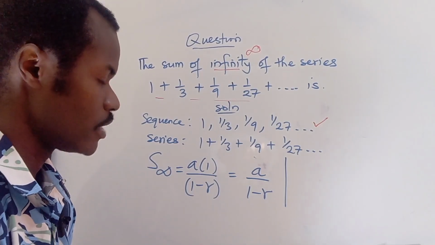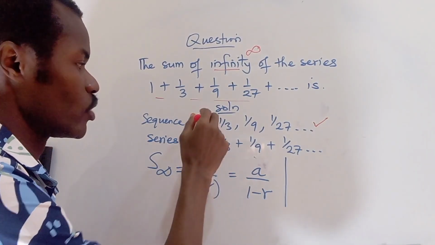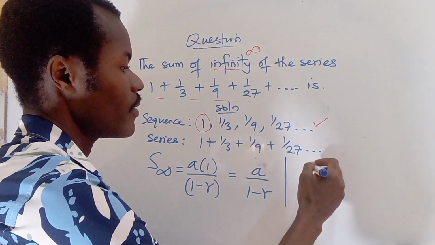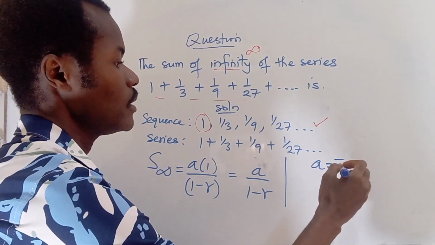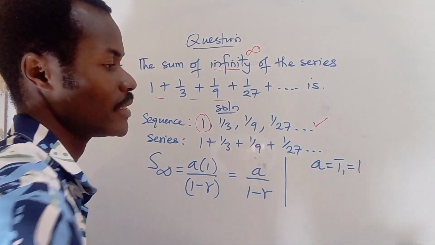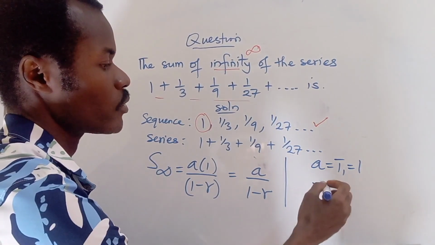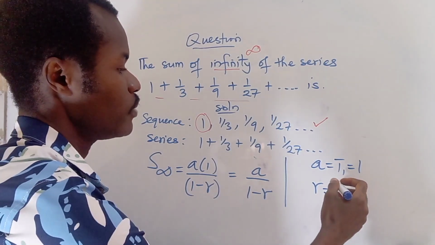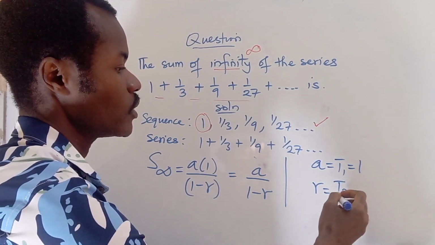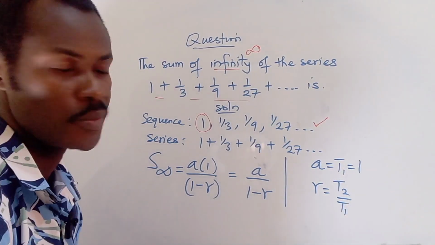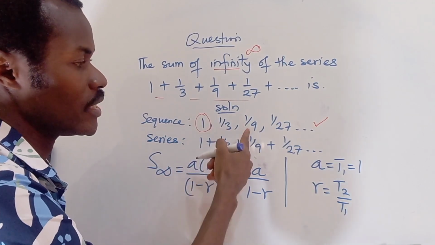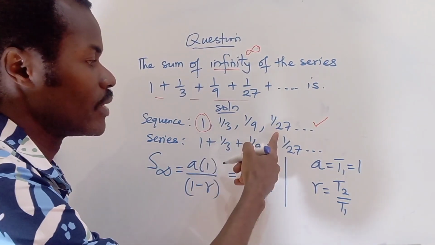A is usually our first term, T1, which is equal to 1 in this case. What about r, the common ratio? You can simply say T2 divided by T1. Remember, this is our T1, this is our T2, this is our T3, this is our T4.